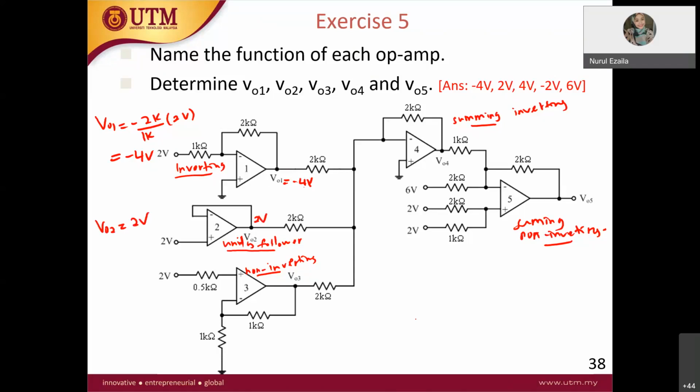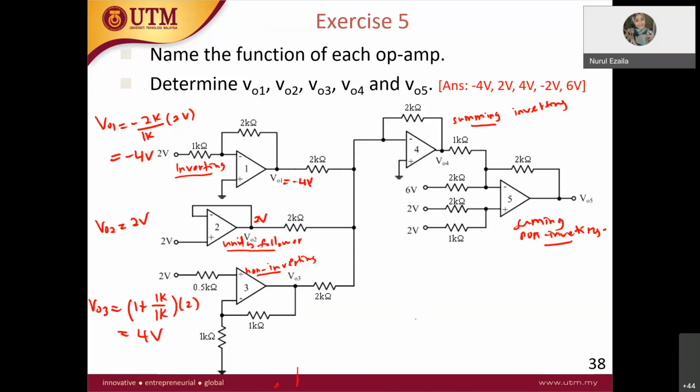For the non-inverting amplifier, V out 3 here is equal to 1 plus the same resistor there, 1K over 1K, times 2, which is equal to 4 volt.